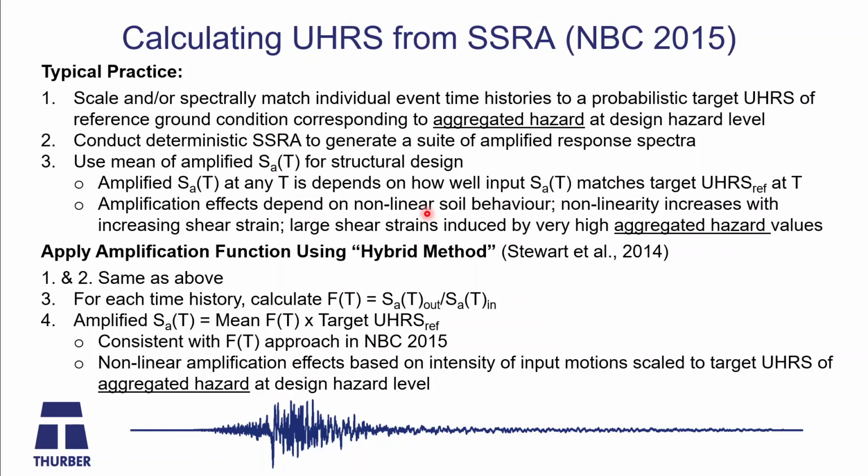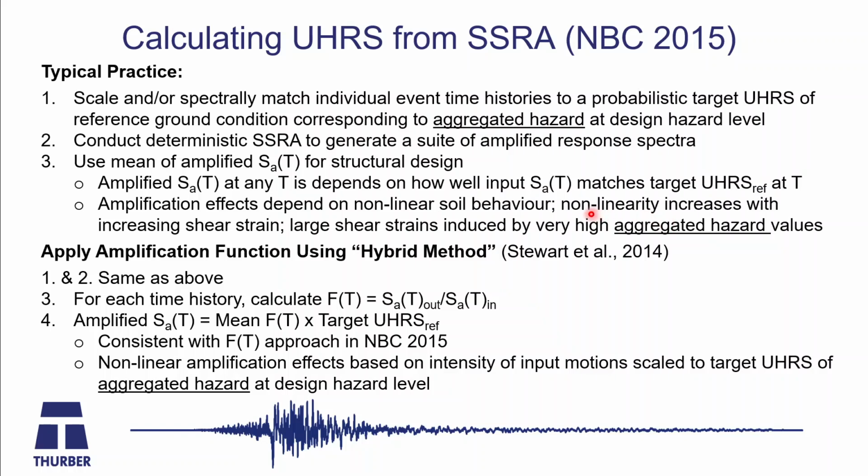Those large strains are causing a lot of nonlinearity in your soil response. And then what that's doing is it's causing a lot of damping, right? So you're actually damping out a lot of the expected amplification by using such high aggregated hazard values.